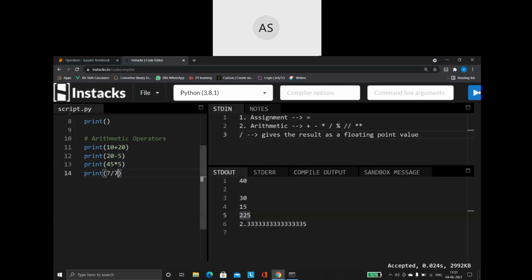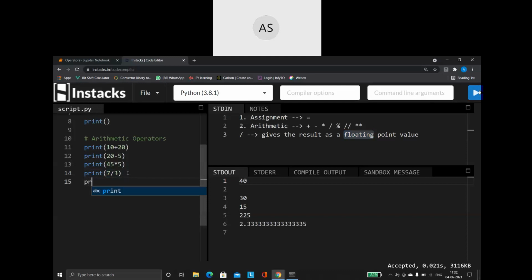Suppose it is a clean division, then see here, that also comes as a float, so 1.0. Either it will give you a fractional value, or if the fractional value is not there, then it is going to say point 0, but always in the form of a float. That is how your output will be given for the division operator. That is point number 1.